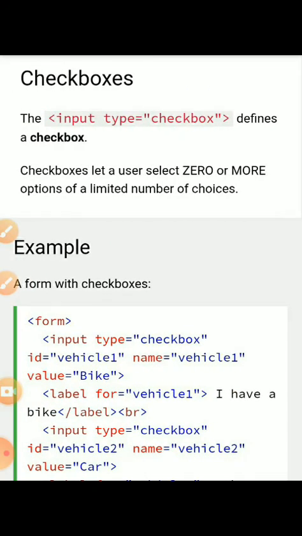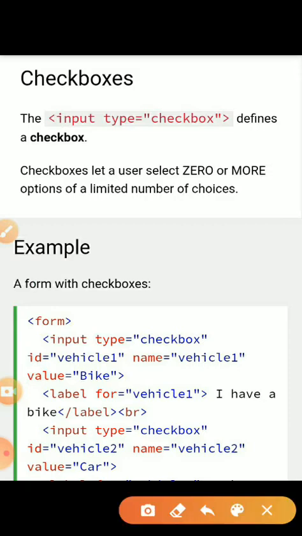Then checkbox. If you want to create a checkbox, you take input type checkbox, ID vehicle, name vehicles, value bike, then label I have a bike. And then again like that, many options are available, and you choose according to your program.